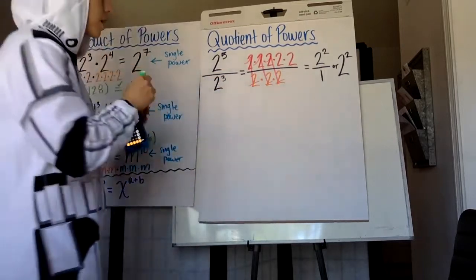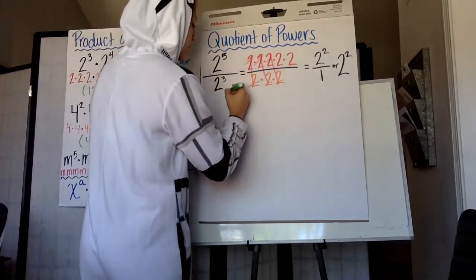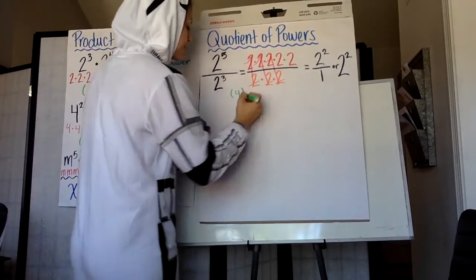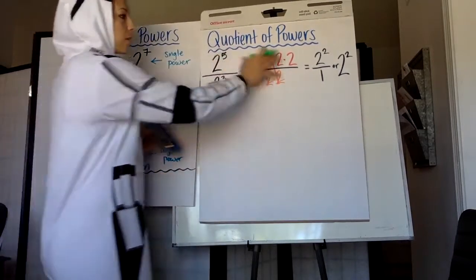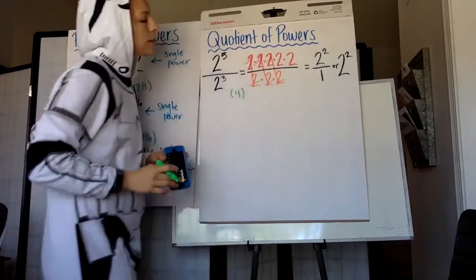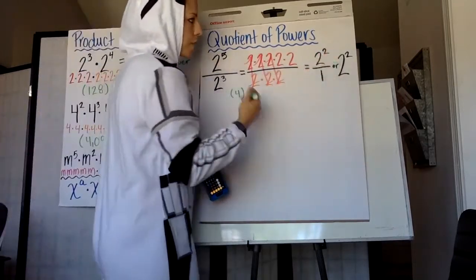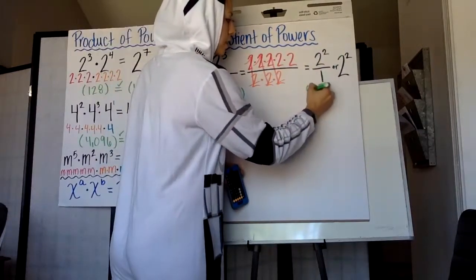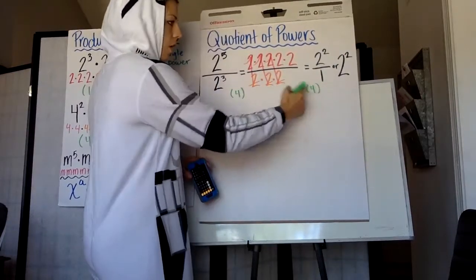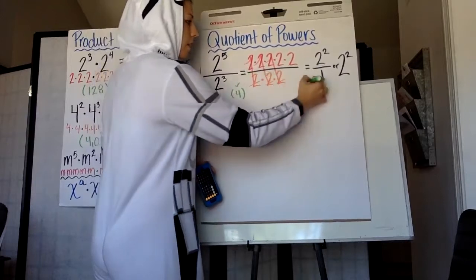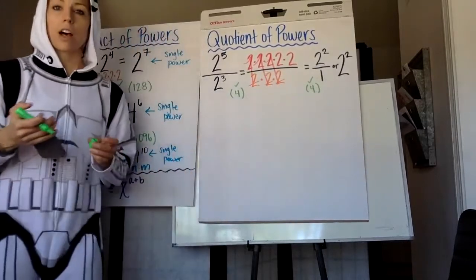So my answer here was 4. Okay. Then we did our long way, 2 squared. Now, I really hope you don't need a calculator for this. What is 2 squared? 2 squared is 2 times 2. 2 times 2 is 4. So are these equivalent? Yes, they are. They both have a value of 4.